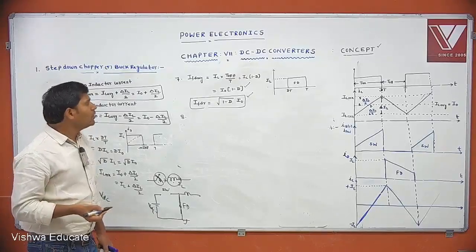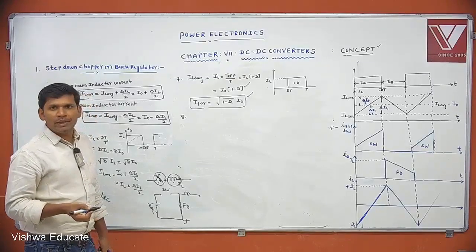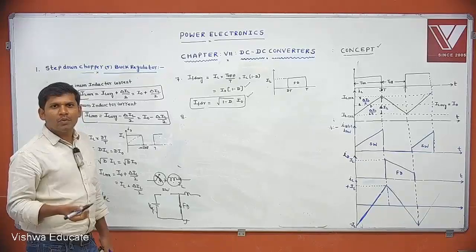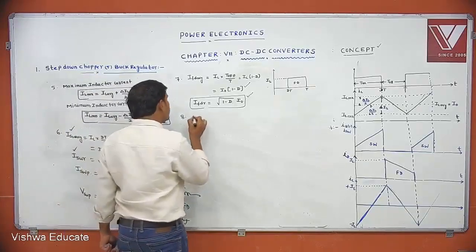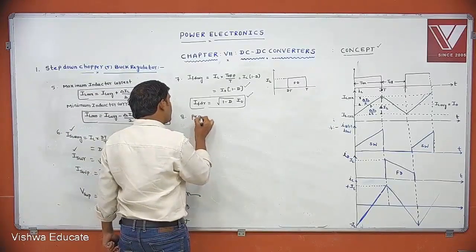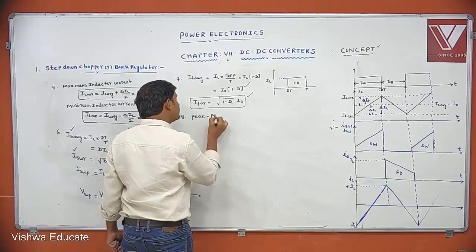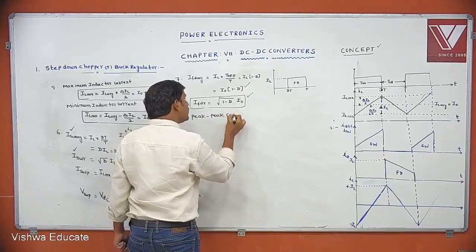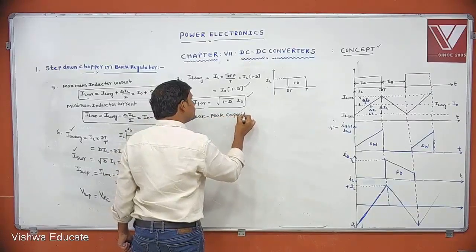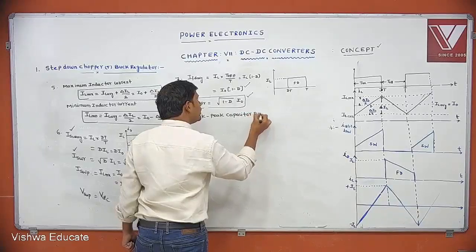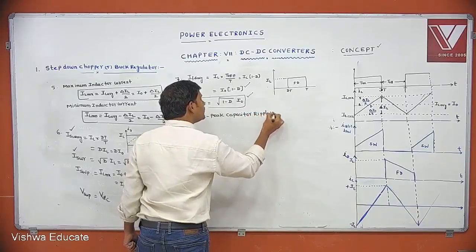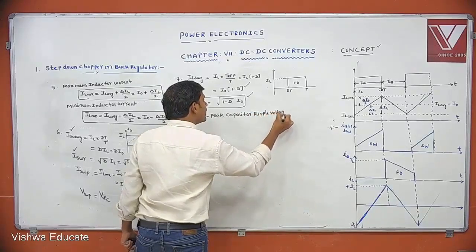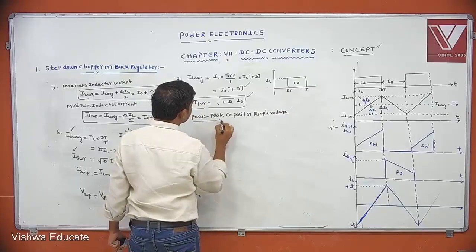In the 8th one, you calculate the peak to peak capacitor ripple voltage.